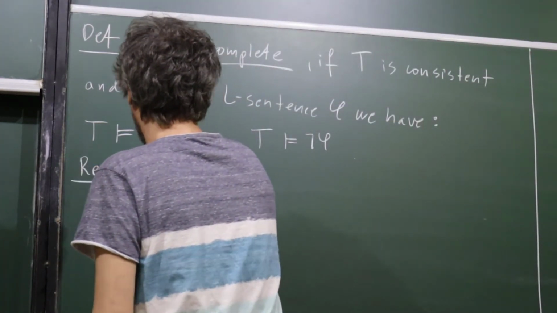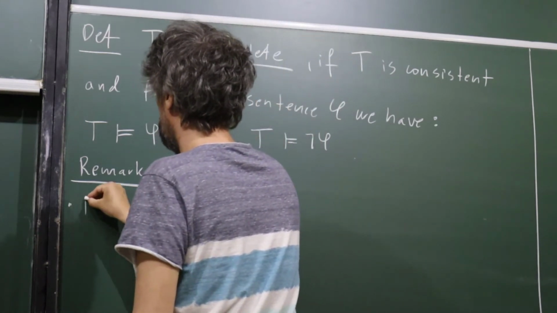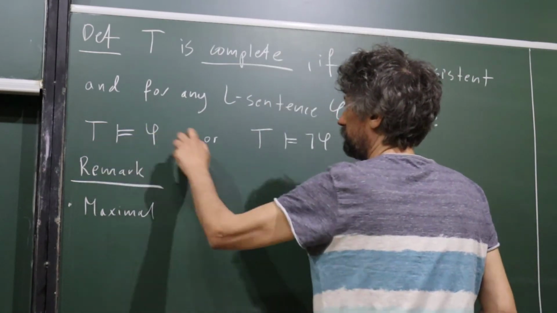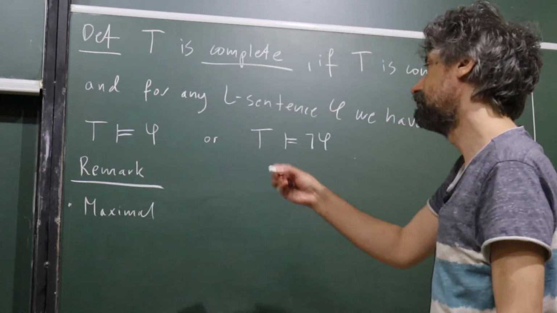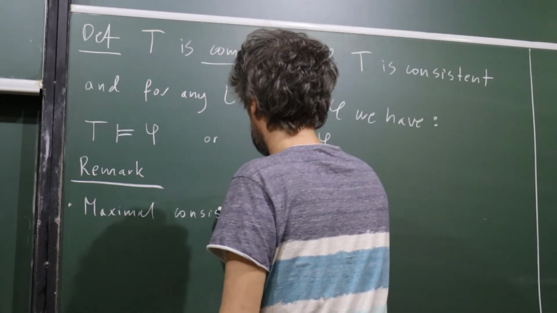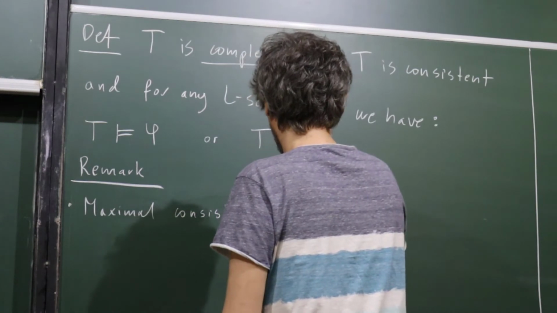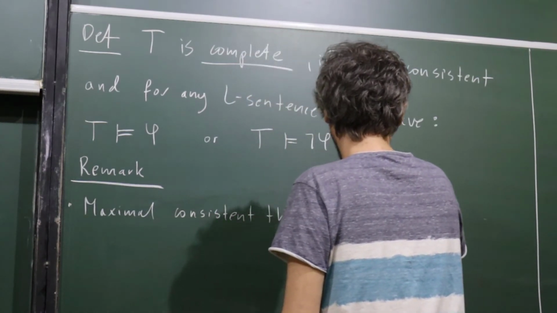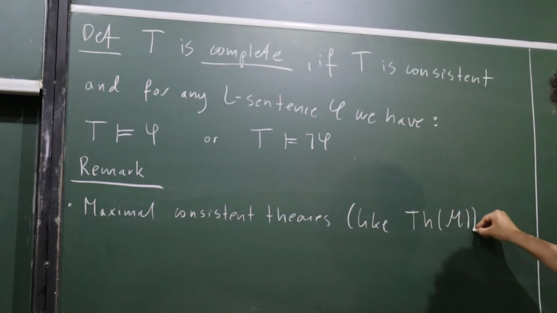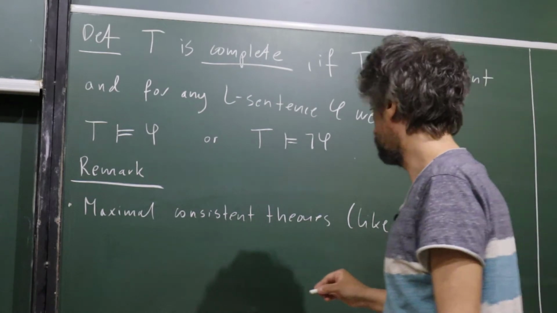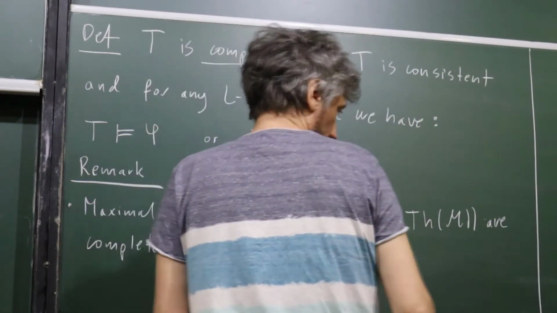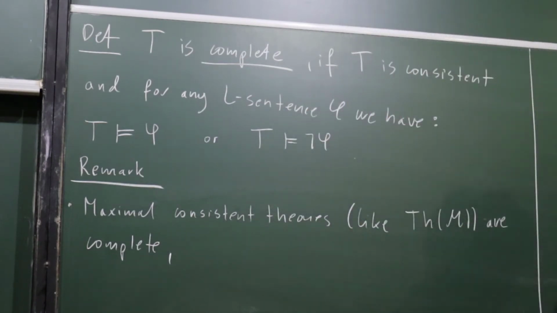So a remark for examples: in a maximal theory, we had just that phi is here, or its negation is here, so it's stronger. So maximal consistent theories, like the theory of a structure, are complete. But completeness is a much more meaningful notion.